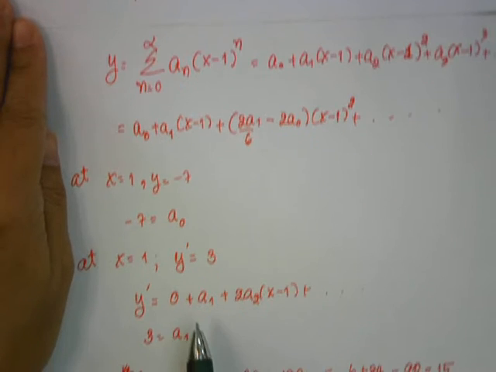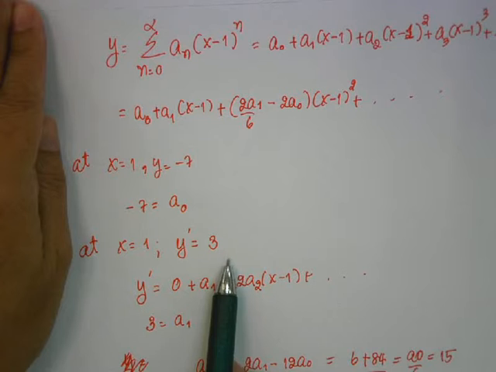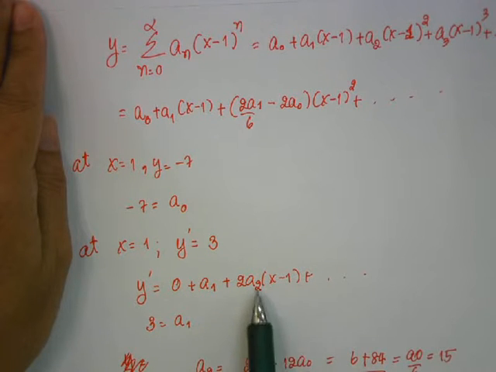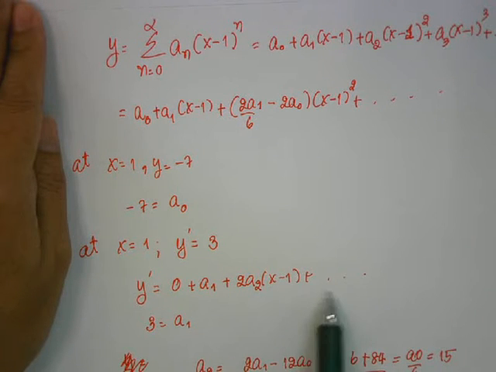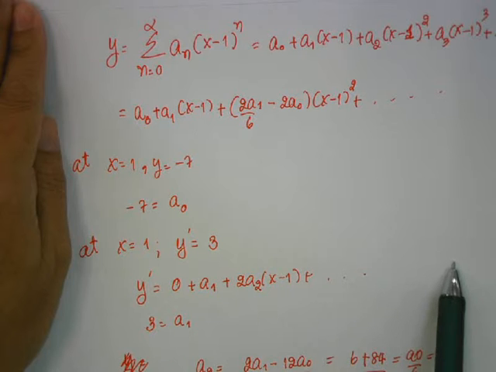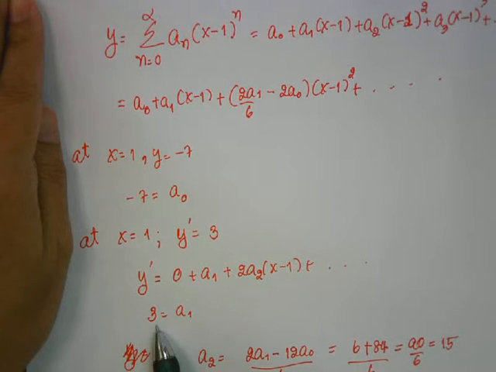So when you plug the boundary value in there, you would see that the rest of the terms would be equal to 0 because they have the term x minus 1 there all the time. So you would get a1 is equal to 3. You would get a1 is equal to 3 by this boundary condition. So now you know the values of a0 and a1. You can find the values of a2, a3, a4, a5.